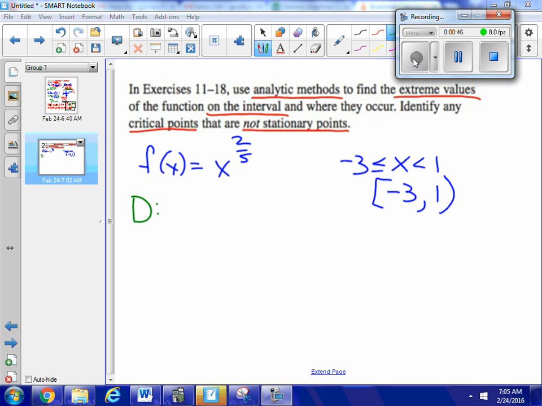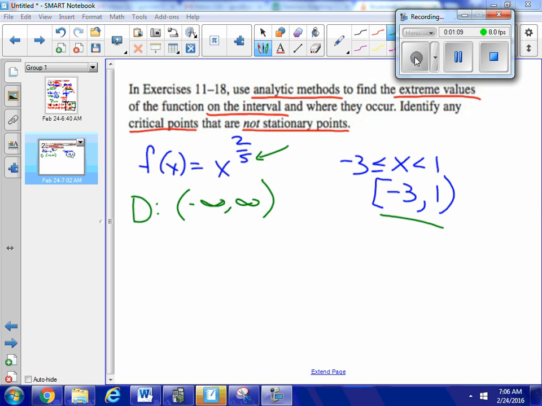I see a radical sign, but it's an odd index, so I'm not worried about that. And there are no logarithms. So the domain of this function, were it not for this restriction, would be negative infinity to infinity. That's a good thing to know.